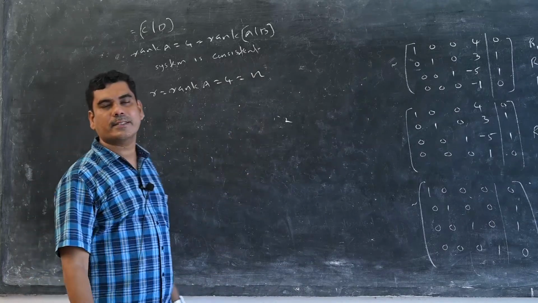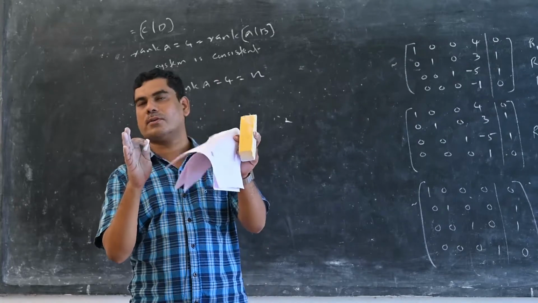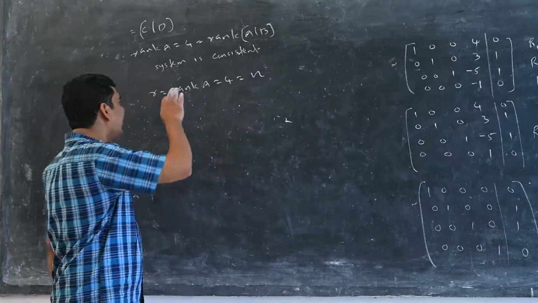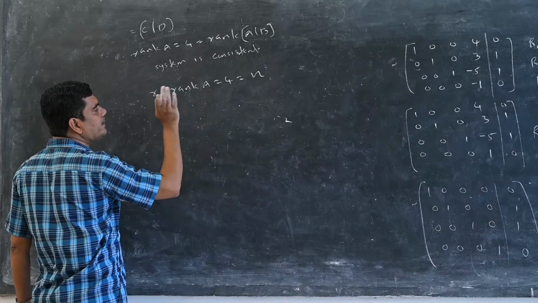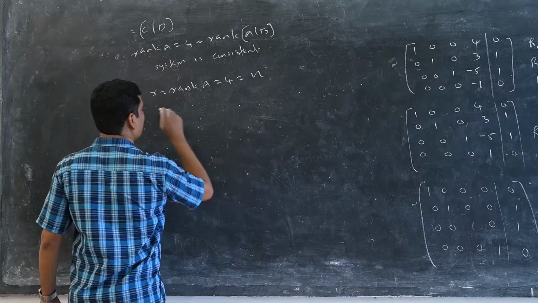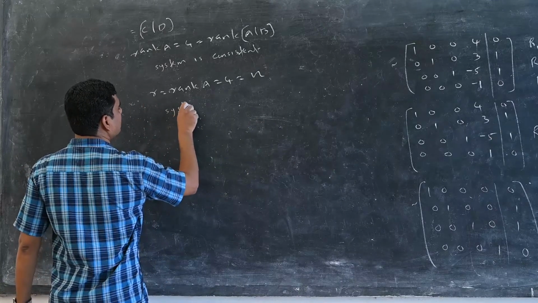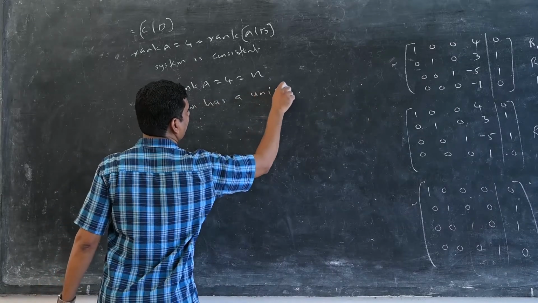Here n is number of unknowns x1, x2, x3, x4. There are 4 unknowns. So rank A is same as number of unknowns. In that case, if rank A is equal to number of unknowns, system has a unique solution. So system has a unique solution.